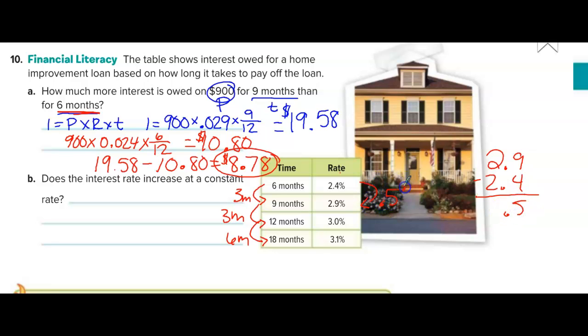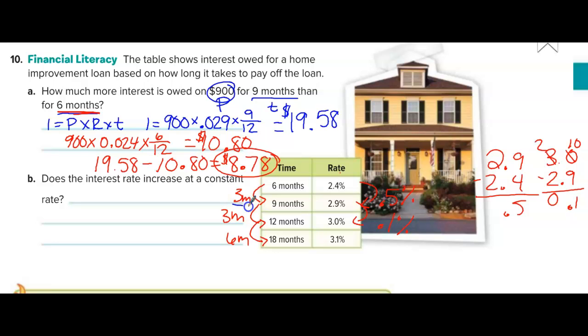0.5%. And then if I go from 9 months to 12 months, I figure out the difference, which would be 3.0 minus 2.9, and I get 0.1%. So I can already stop there because the time is the same.